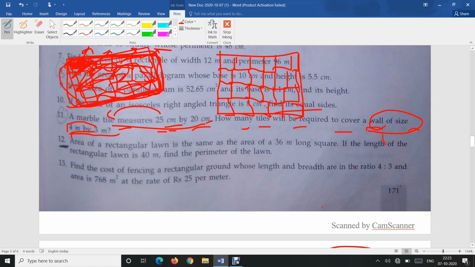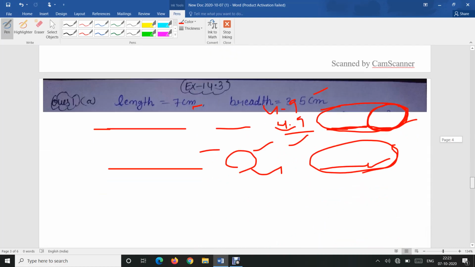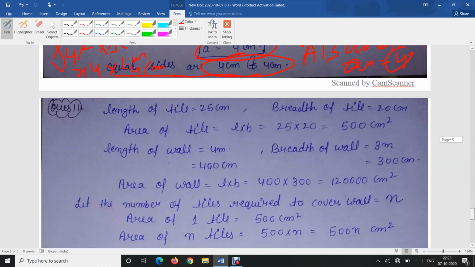Okay, so you can put the area of all the tiles equal to the area of the wall.